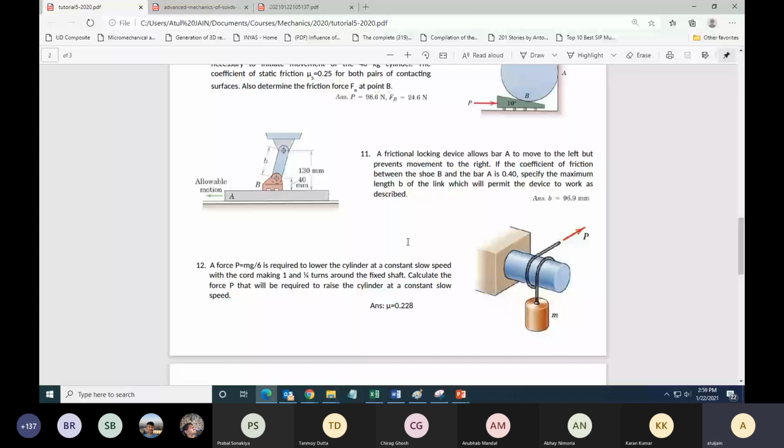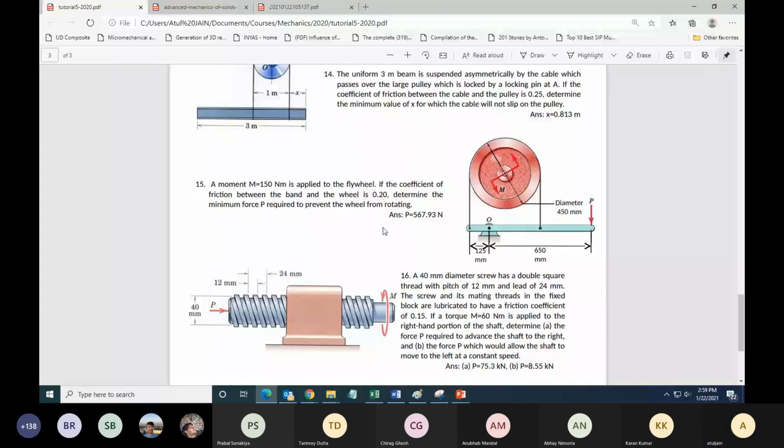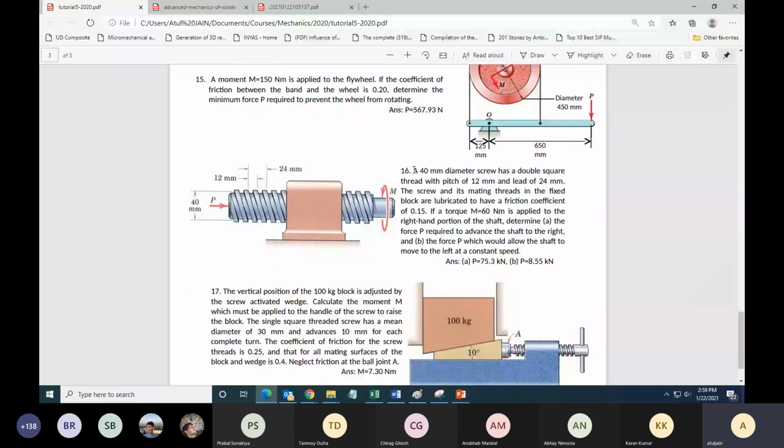Okay. So a 40 millimeter diameter screw has a double square thread with pitch of 12 millimeter. Everybody knows what is pitch? Yes, sir. And lead, sir. Lead is L equals NP, sir. I don't get what is N. How are we calculating those things?